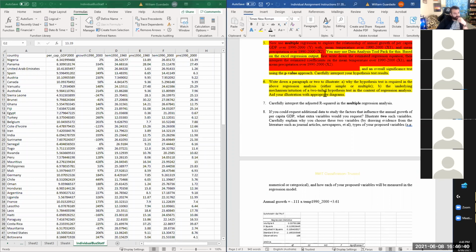And if your slope is 0, that means it does not give you any information. Your x value does not give you any information on your y variable. So that's the intuition behind it. I know it's very vague, but that's what it really means. It's very simple.